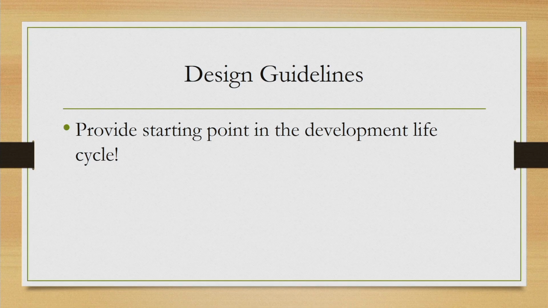So, we can avoid that by taking help of design guidelines. They are basically a way to give you a starting point, that based on this we think of a design as a starting point and then keep on refining it based on the iterative cycle that we have seen in the development life cycle stages.